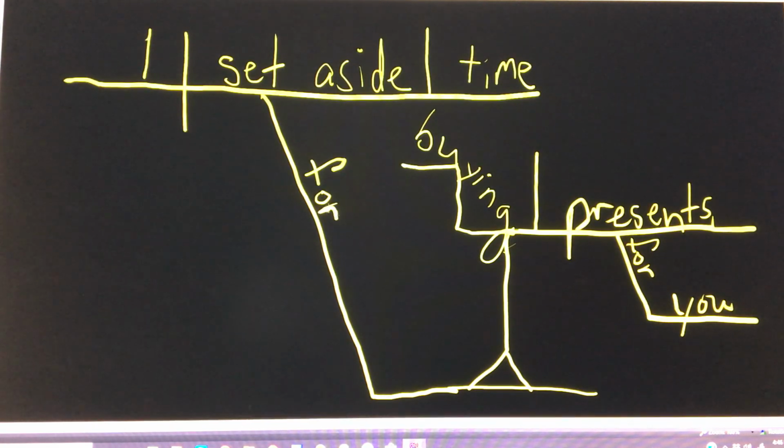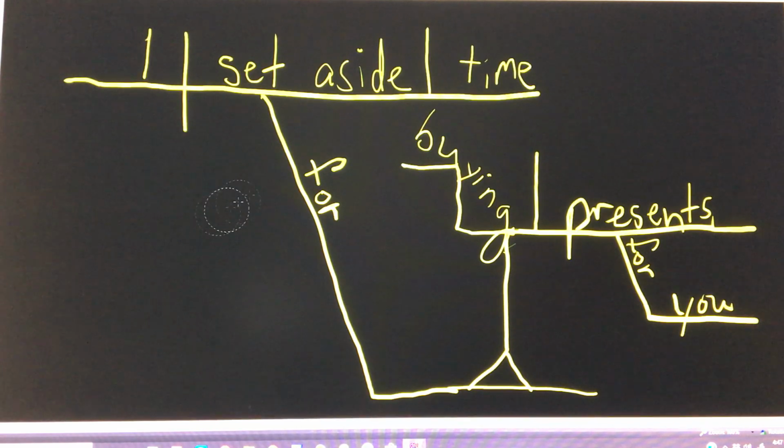Now you could construe it also to be an adjectival one, talking about the time, modifying time, but you could also construe it this way, as I have done, set aside time why? For buying presents for you. That's why. So here we have the gerund phrase now functioning as the object of a preposition.